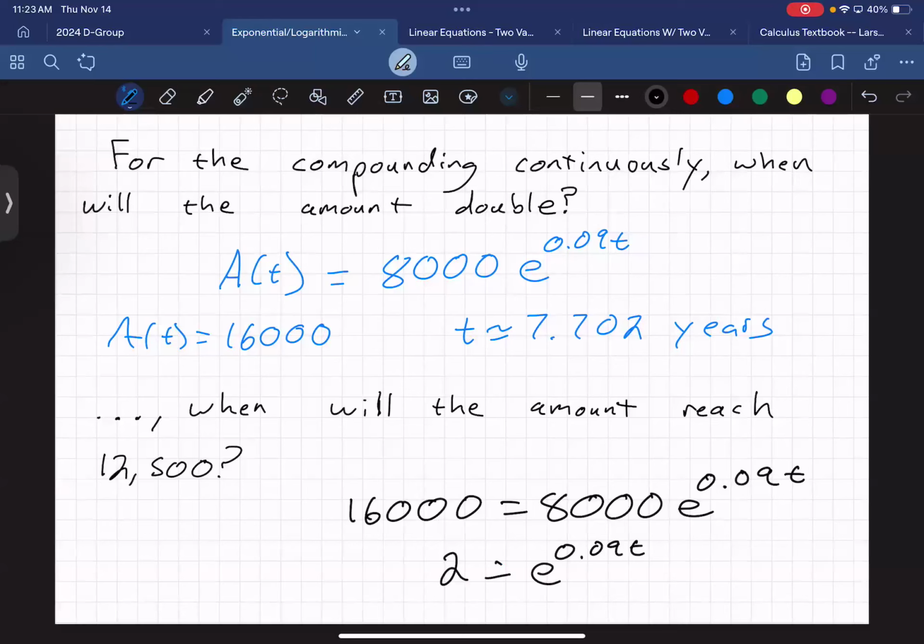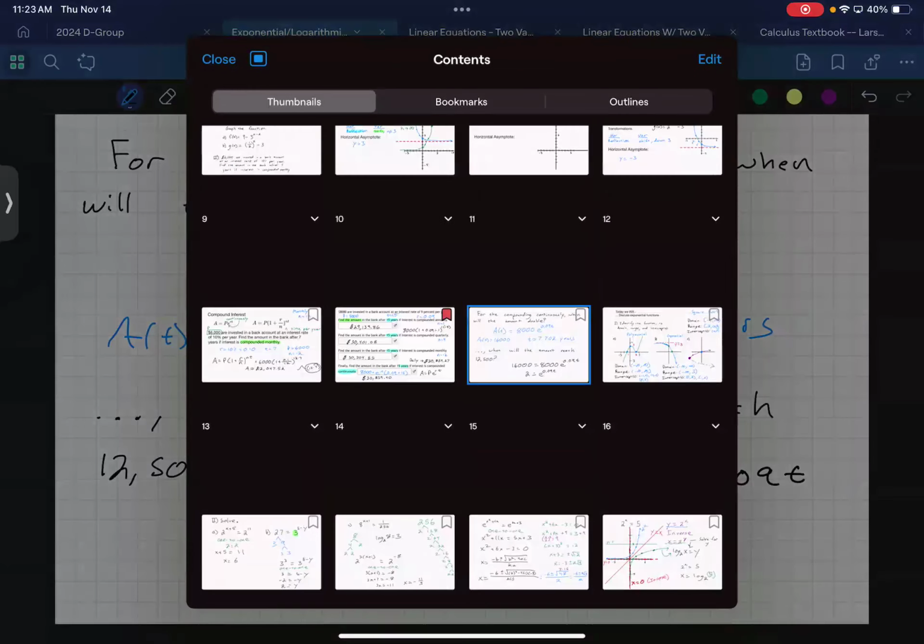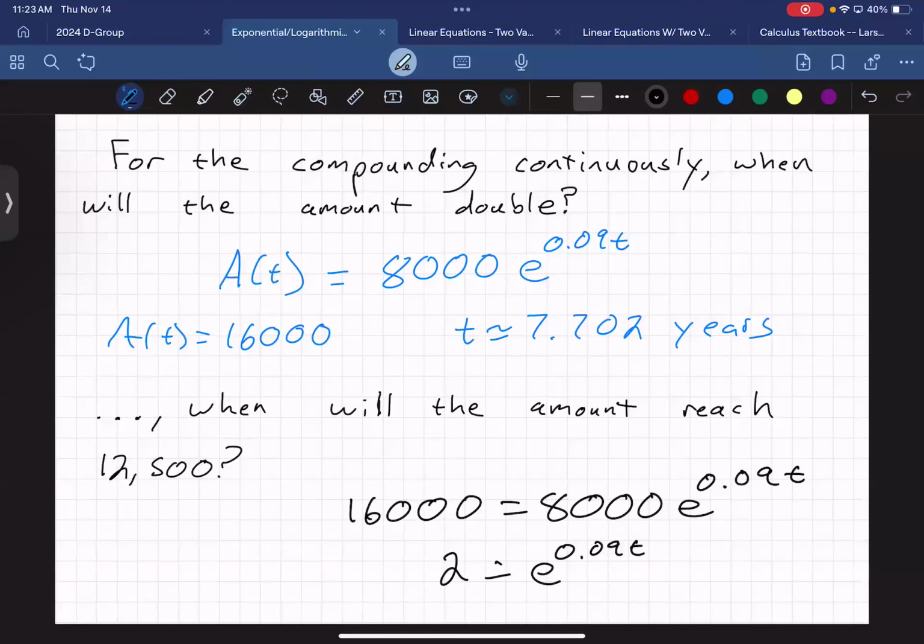Okay. What you're going to find is this is where we can go back to our graph. Okay. And I'm going to talk about that.